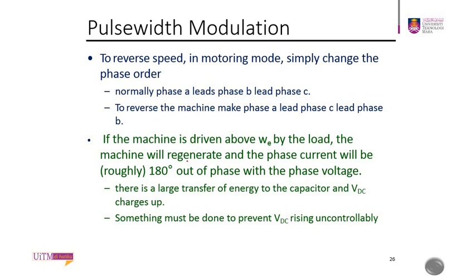And if the machine is driven above the synchronous frequency by the load, the machine will regenerate and the phase current will be roughly 180 degrees out of phase with the phase voltage, and there will be a large transfer of energy to the capacitor.